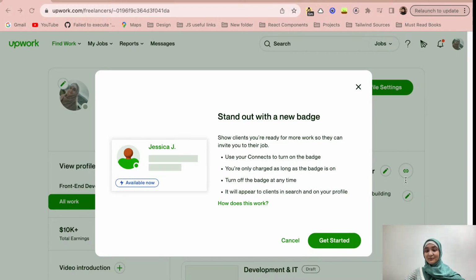And more profile views means more invitations. There is a way for a client to invite you to a job if they like your profile. Like I said, last year I was getting 10 to 20 invitations per month, and nowadays I'm getting none because I am not looking for a job, so Upwork is not showing my profile. As a result, I'm not getting any direct invitations from clients.